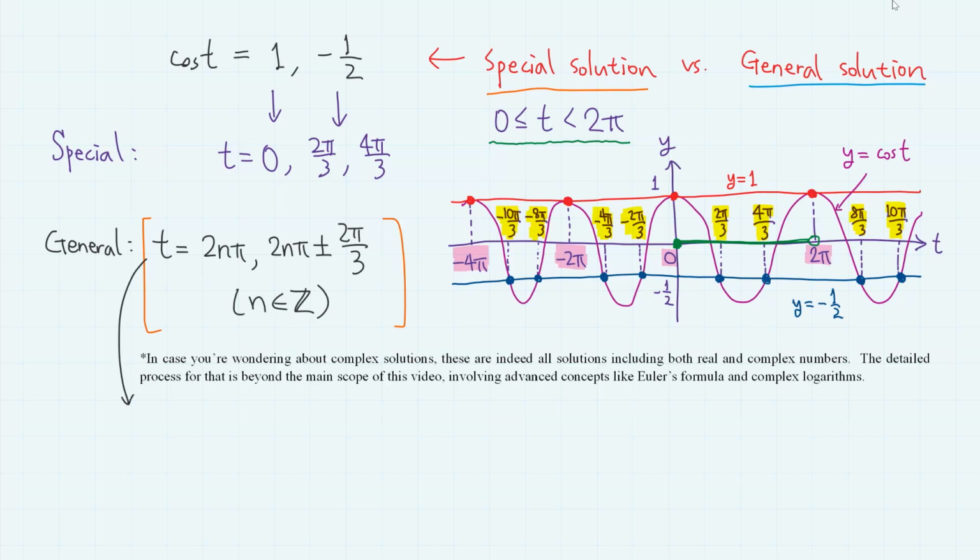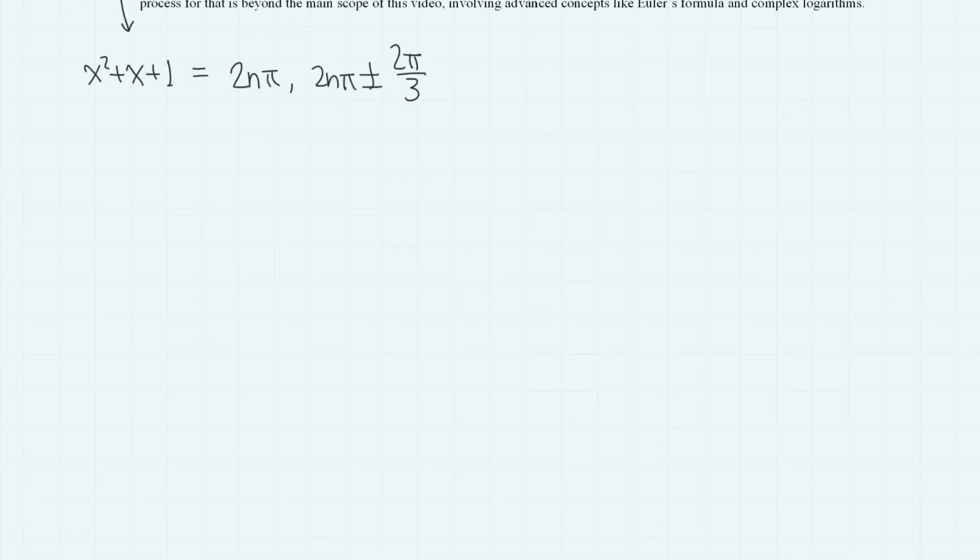So if we convert this t back to x, this means that x squared plus x plus 1 is equal to 2n pi or 2n pi plus or minus 2 pi over 3. So now we have to solve quadratic equations of x. As for x squared plus x plus 1 equals 2n pi, we have x squared plus x plus 1 minus 2n pi equals 0.